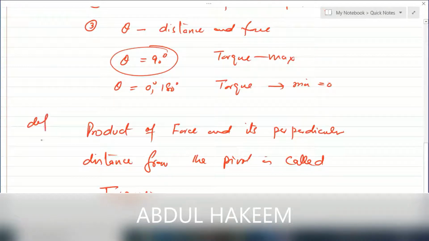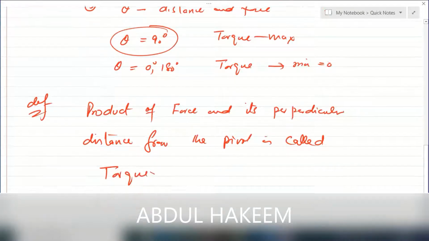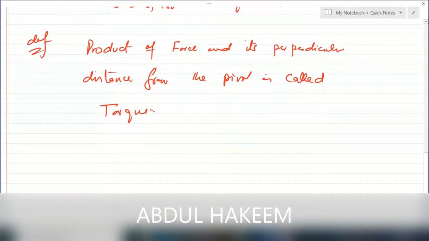This is the definition. So when we have to define the torque, moment, turning effect, it's a product of force and its perpendicular distance from the pivot. So torque is the product of force and distance.